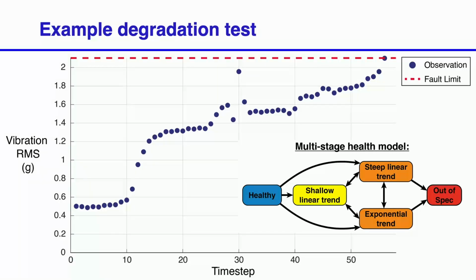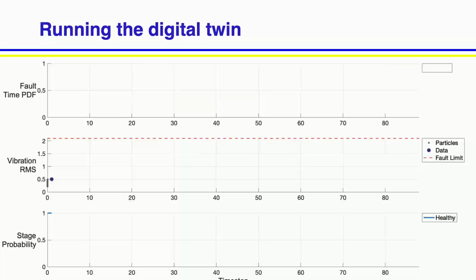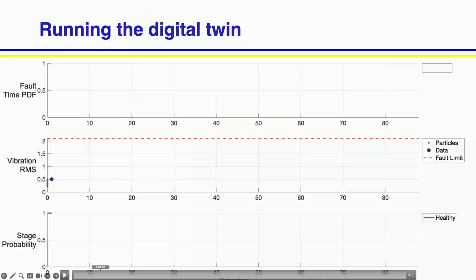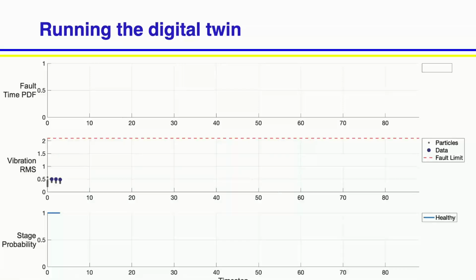So in the digital twin, we have all of these different types of models. And what I'm going to show you here is a video taken from the digital twin running in real time. You'll see that as we're taking the data from the vibration, we have hundreds of different particles, it's a particle filter model, that are tracking which state of health we think it's in.